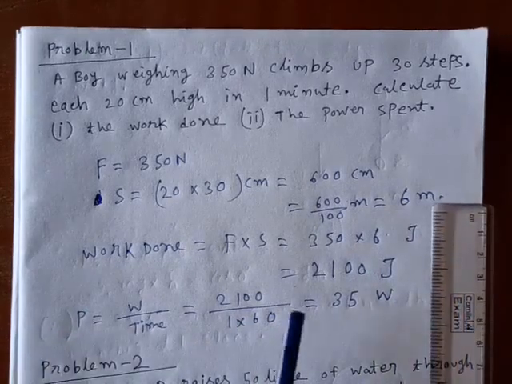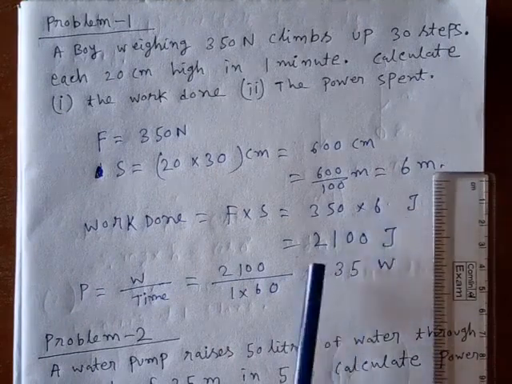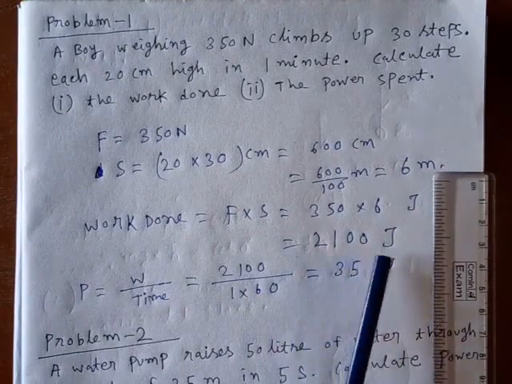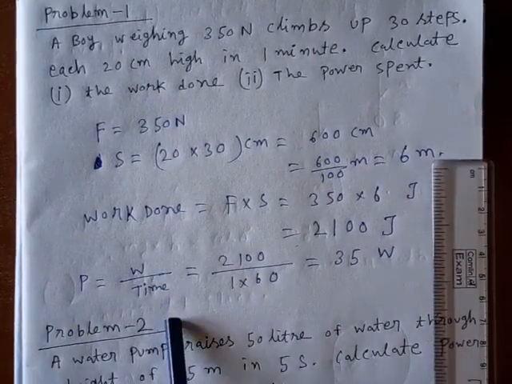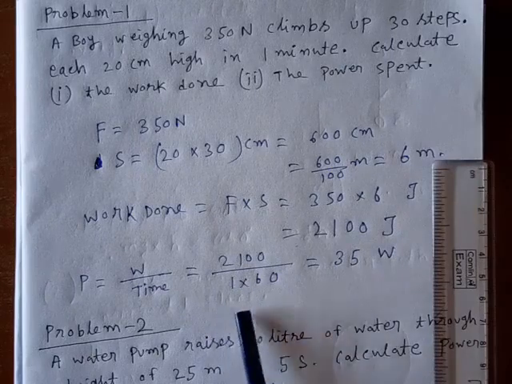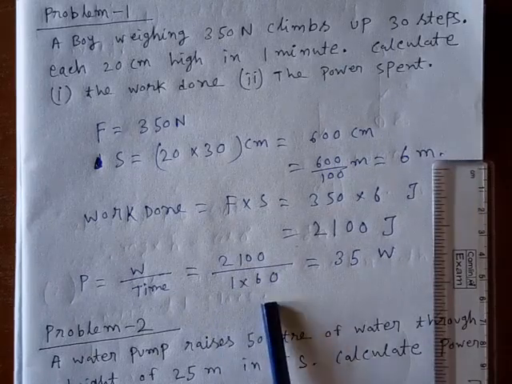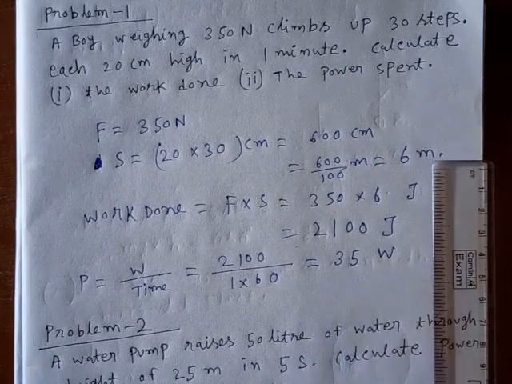Now work done is given by F multiplied by S, so 350 multiplied by 6, so 2100 joule. Now power is given by work divided by time. So 2100 divided by 60, as 1 minute is converted into seconds. So this is 35 watt.